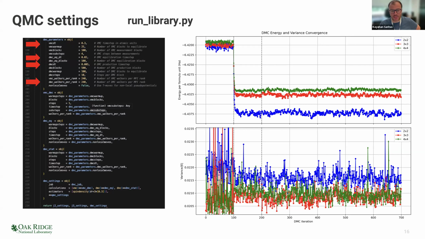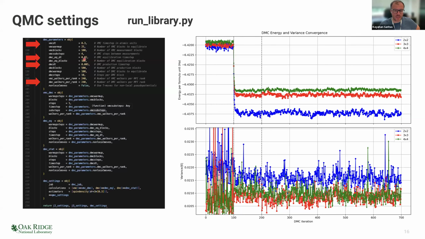discussed in the summer school, the VMC time step is set to 0.3, which I would say is typical for most systems that have an acceptance ratio close to 50% for most of the materials. But obviously, if your materials are changing, this is something that you can control easily after running a VMC calculation.